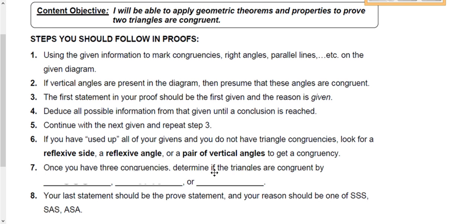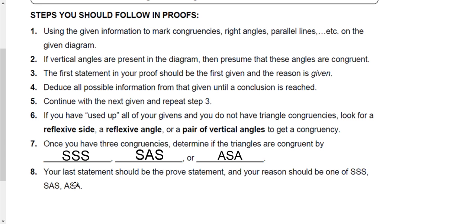Once you have 3 congruencies, determine if the triangles are congruent by our theorems: side, side, side or angle, side, angle. Your last statement should be the prove statement, and your reason should be one of the postulates: side, side, side or angle, side, angle.